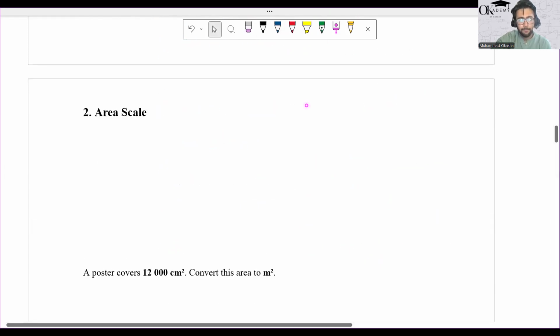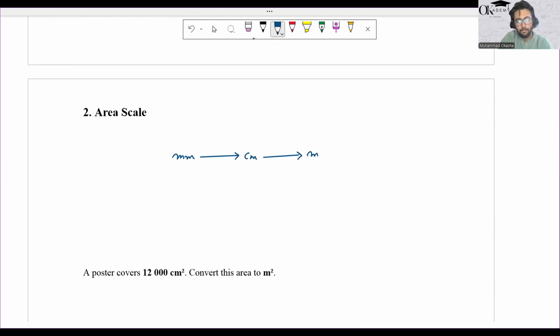Next is area. Now, area is no different from length, but there's a very slight difference. I'll take the same scale: millimeter, centimeter, meter, and kilometer. We know that area is essentially the square of length. I'll write the same scale first, 10, 100, and 1,000.